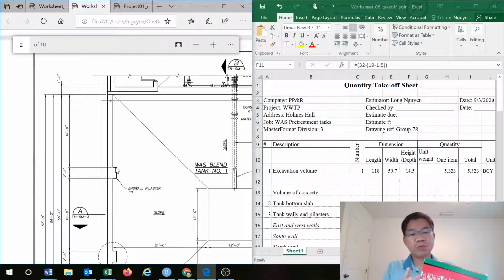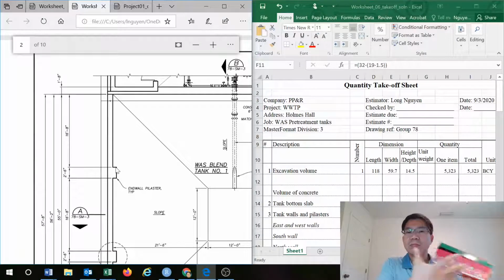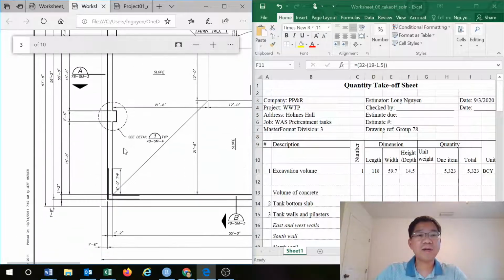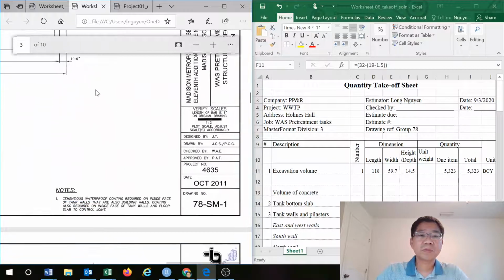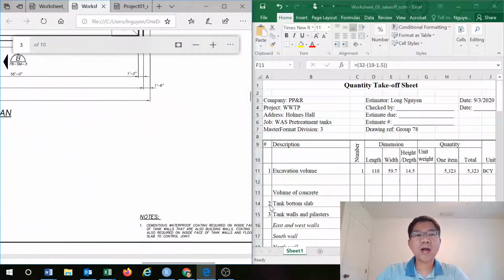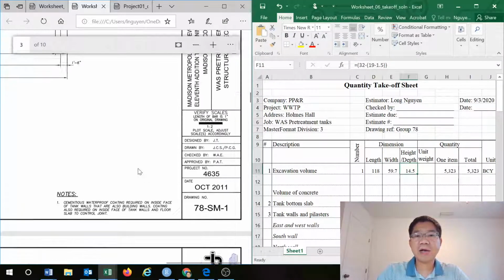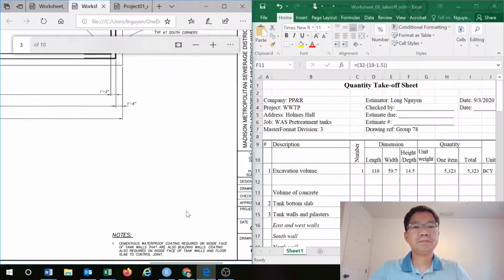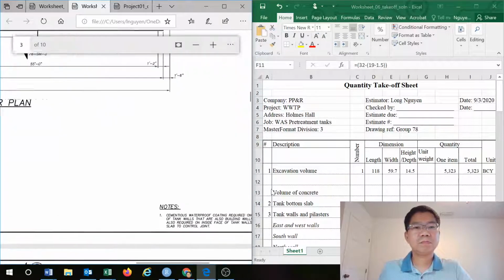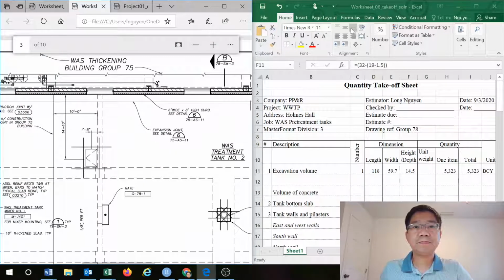With that, I need to find the areas, so we have to find the two sides. How can we find them? From the drawing here, drawing number 78 SM1 with the plan view of the tank, we can find that down here. Okay, let's make it smaller.